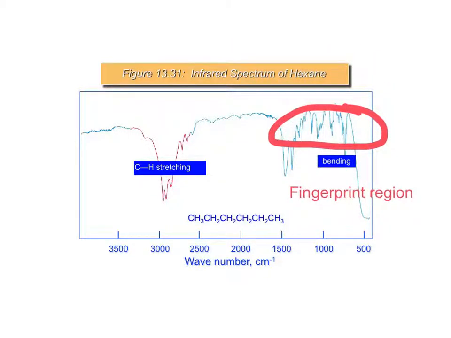And then this region, which is already marked, is due to more of the stretching. This one's due to the bending portion.